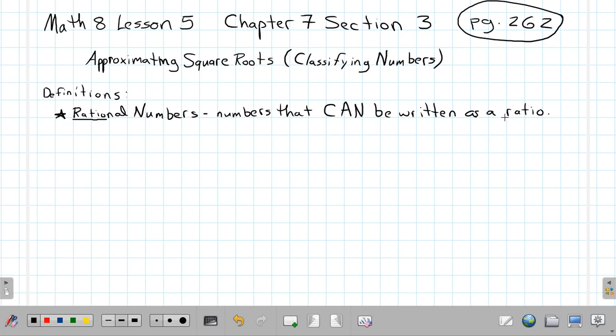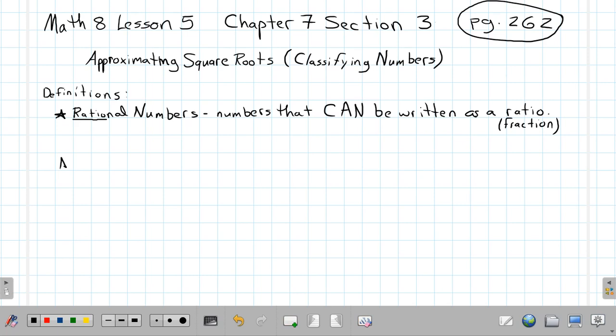But what you can think of it in terms of what we're going to be getting into here, you can kind of think of a ratio as a fraction. When you see the word ratio here in these definitions, it's okay if you think of them as just fractions. So rational numbers are numbers that can be written as a ratio, or like I said, if you want to think of it as a fraction.